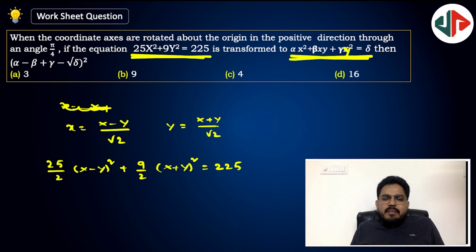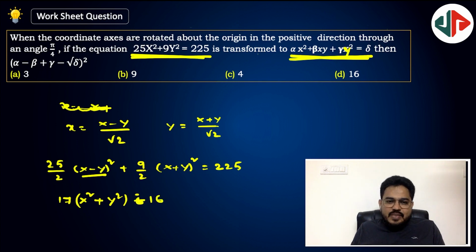So 25 plus 9, 34 by 2, 17 X square plus Y square. And here 2XY times minus 25 plus 9, so it is minus 16XY. So minus 16XY is equal to 225.